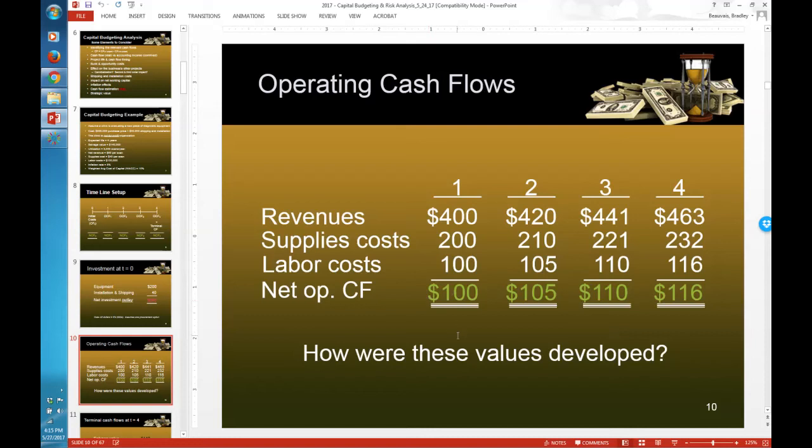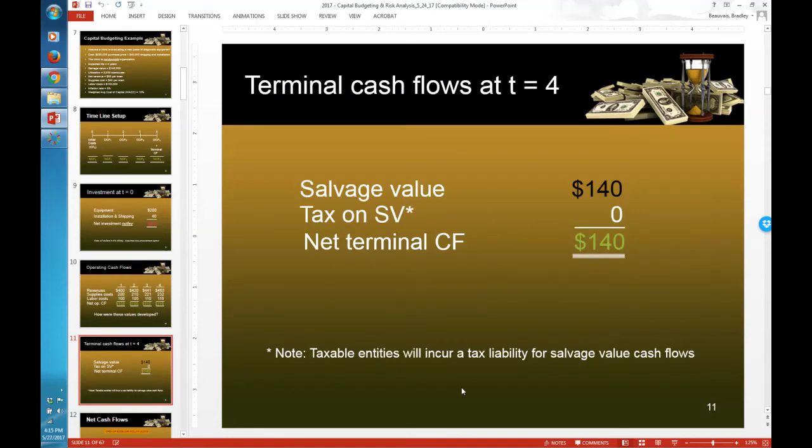Of course, as your projects become more nuanced and you get more granular in your understanding of what's going on, you can adjust based on what you know of the local market and your own contributory factors to what's going into each one of these. At the back end of the project, we have a terminal cash flow at time period 4 of $140,000.